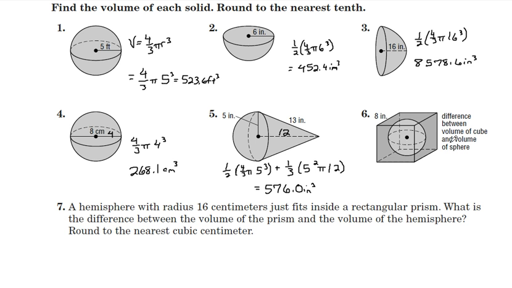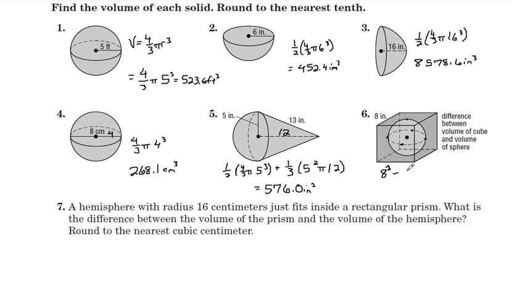Okay, number 6, a little bit of work to do here. Difference between the volume of the cube and the volume of the sphere, and we're going to assume that the sphere is touching all the sides of the cube here. Alright, one side of the cube is 8 length, width, and height. 8 times 8 times 8 gives us 8 cubed.